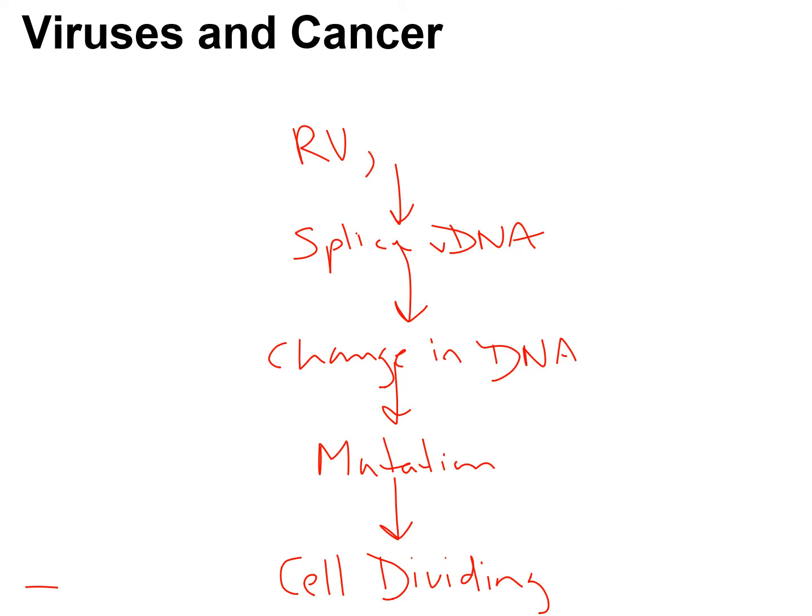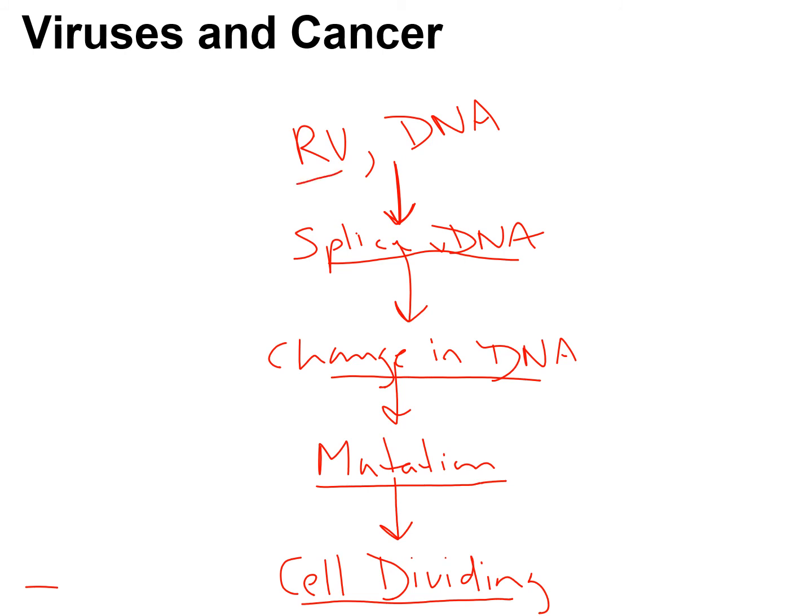Also, not just the retroviruses, but also the DNA viruses. So if the DNA viral genome goes to the nucleus, it is possible for that DNA to splice into the host cell's chromosome, which will change the sequence of the DNA in the host cell, which could result in a mutation in the cell cycle genes and result in uncontrollable cell division.